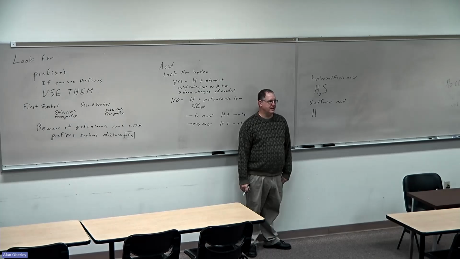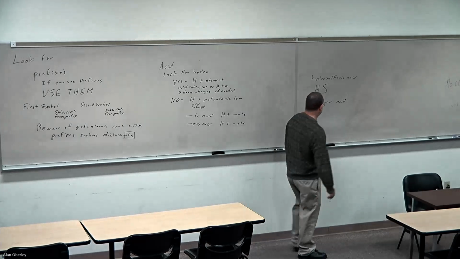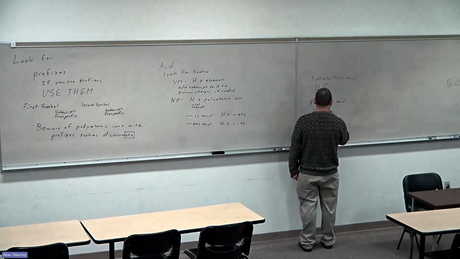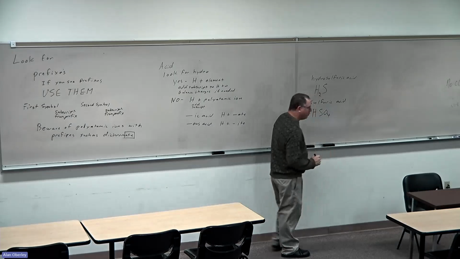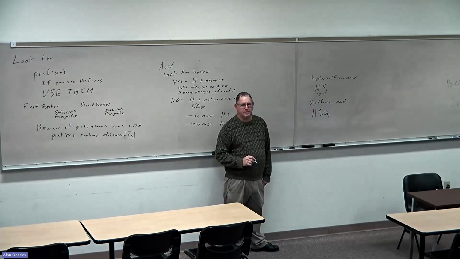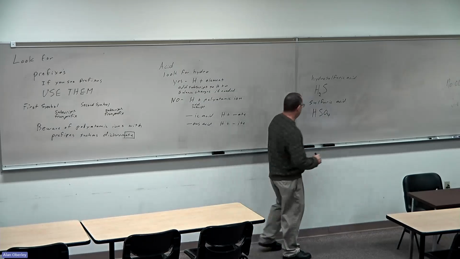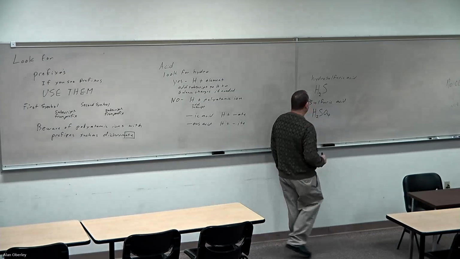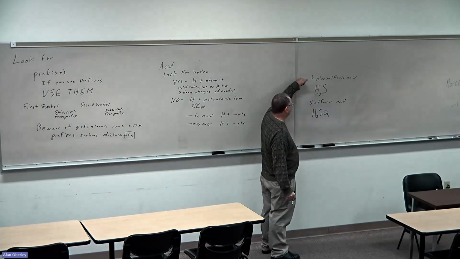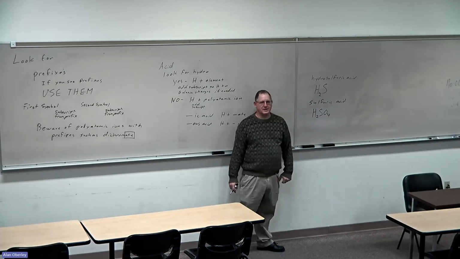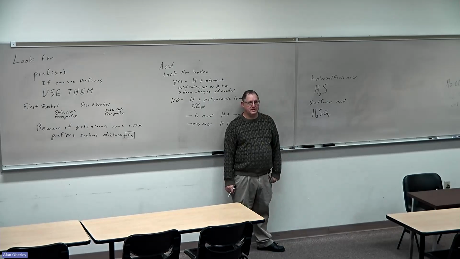What's sulfate? SO4 specifically. What's the charge on a sulfate? -2. So how many hydrogens do I need? 2. And now you see that we have hydrosulfuric acid and sulfuric acid, and both of these exist. And that's why we have to have the hydro on the binary acid group.